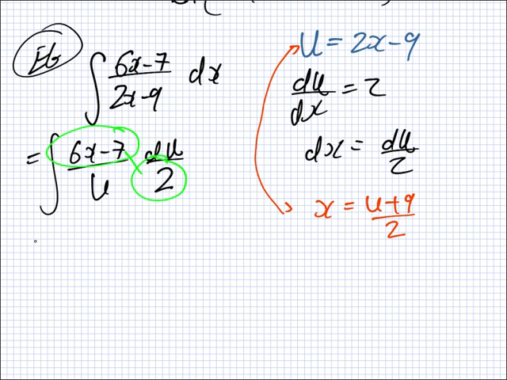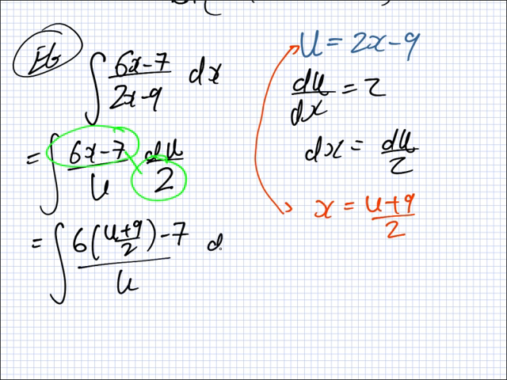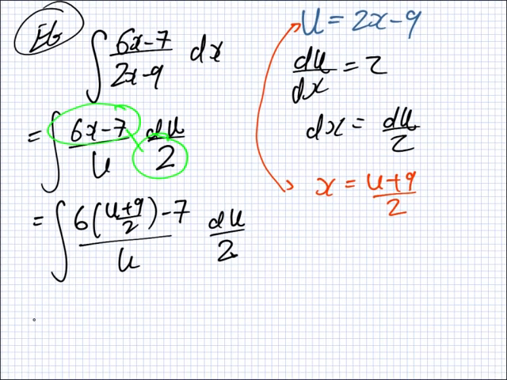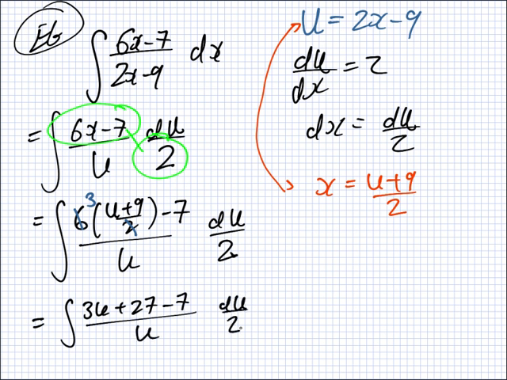So that's equal to 6 times u plus 9 over 2 minus 7 over u, du over 2. So, look here, that goes into that 3 times. So this becomes 3u plus 27 minus 7 over u du over 2.